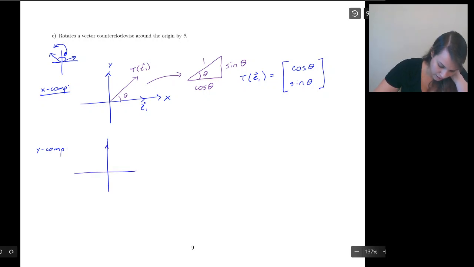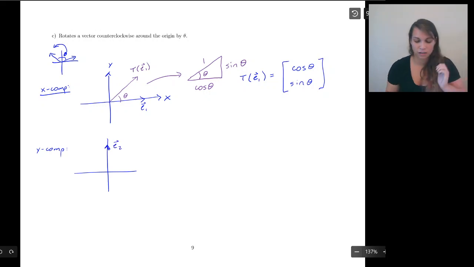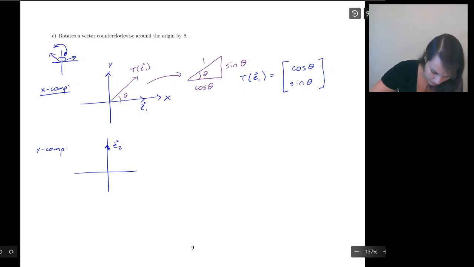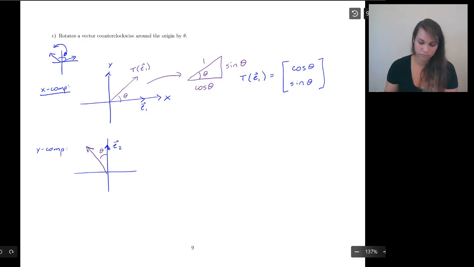Well, let's say we have E2, which is going to put us on the point 0, 1. We're going to rotate it by theta. There we go. We can still do a triangle. We're going to do that triangle right there.